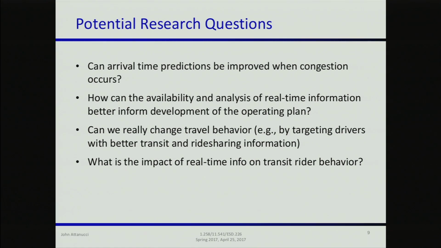So these are potential research questions. I think I talked about the arrival predictions. The second one is important. We do a lot of research in the Transit Lab about this, using the real-time information, both from their vehicles and from customers, much less thus far from customers in a real-time framework.